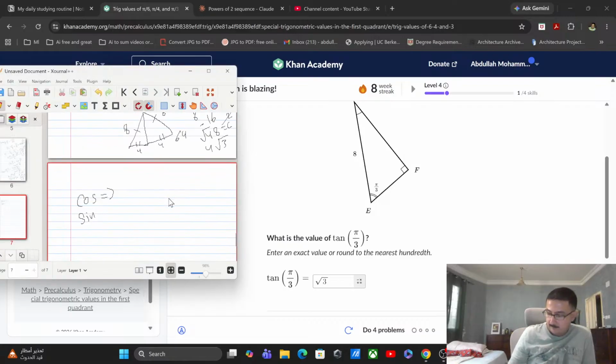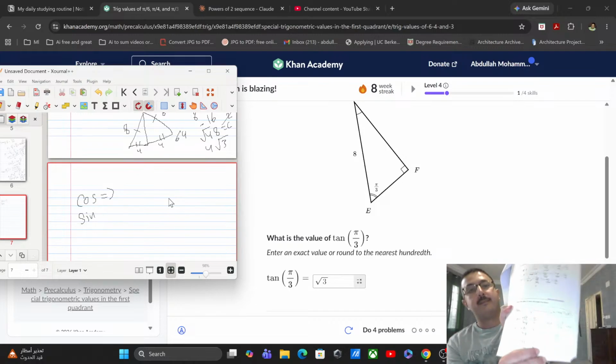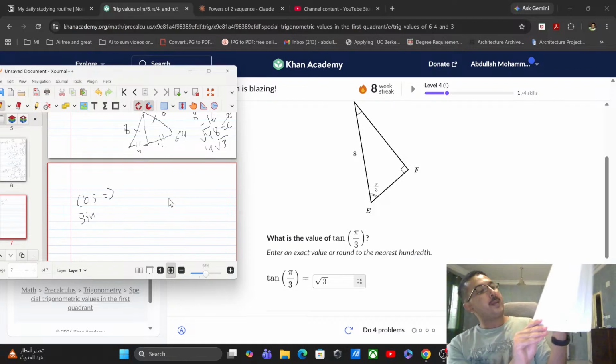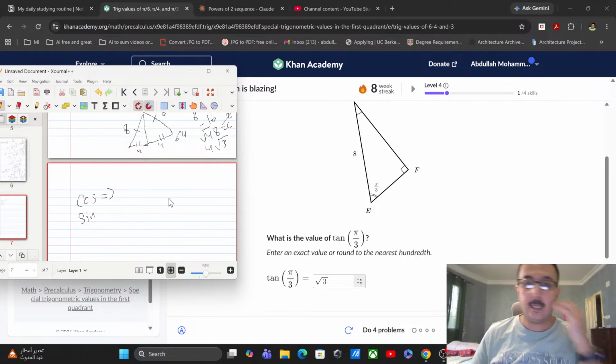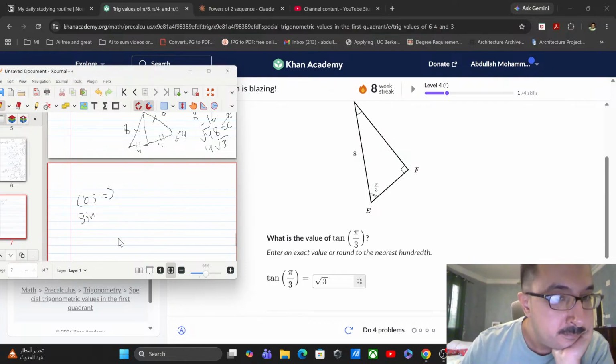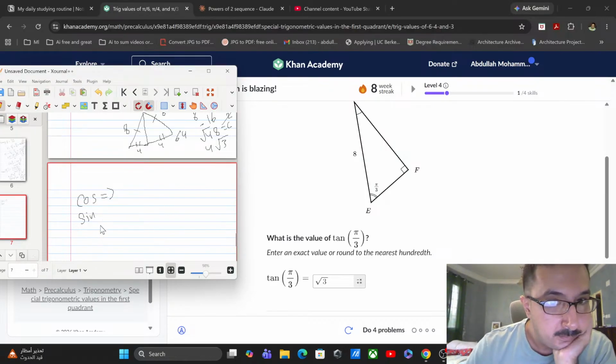Because, as we say here, you see, very useful. Precalculus from before. You see, it's the square root of 3, but how do I get it?